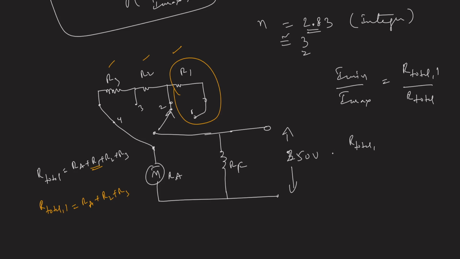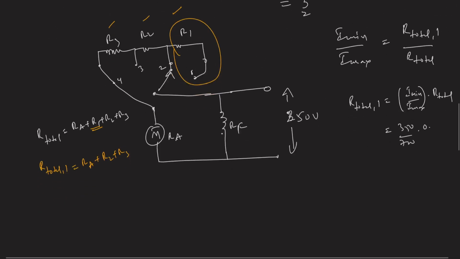R total comma 1 is equal to I minimum by I maximum into R total. I minimum is 350 divided by 700, into R total which is 0.357.